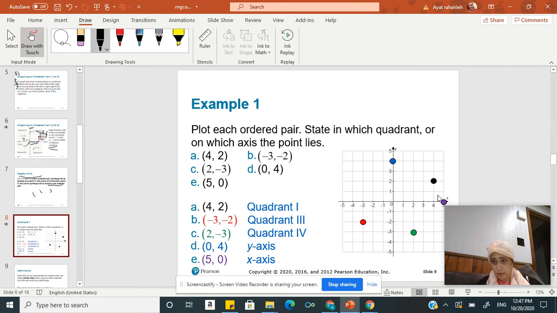This is (4, 2). B is (-3, 2), and another is (-3, -2), which is on the bottom. So you can say this is in quadrant 1, this is in quadrant 3, this is in 4. This one is exactly on the x-axis, and this point is on the y-axis. We didn't say they're in a quadrant because they're actually on the axis itself.